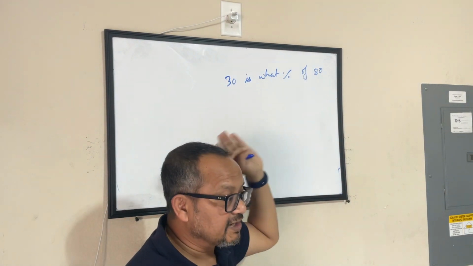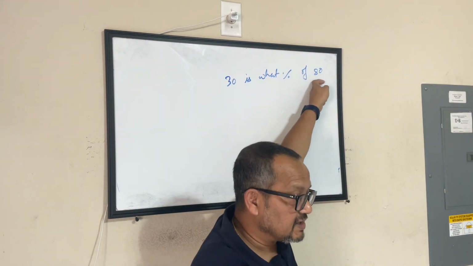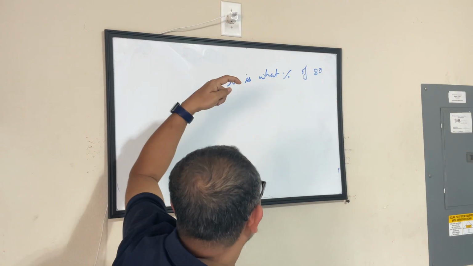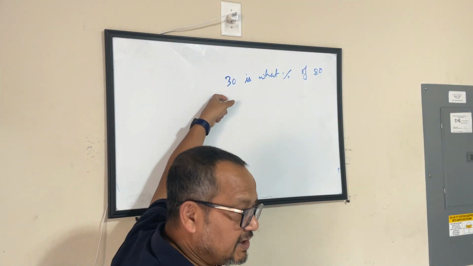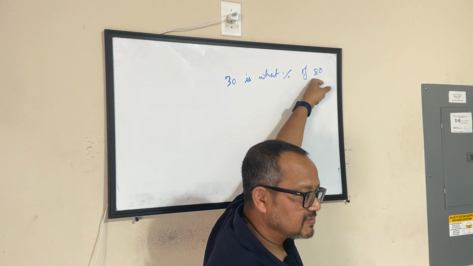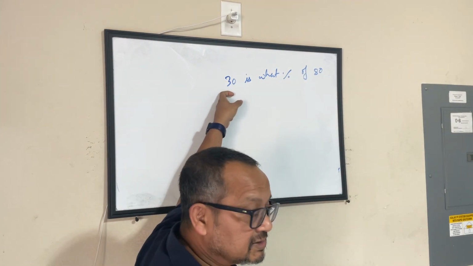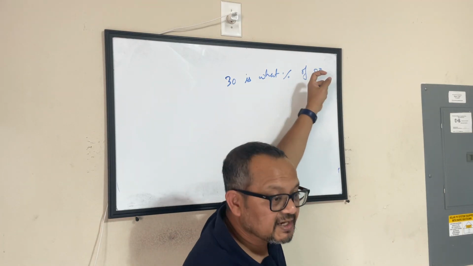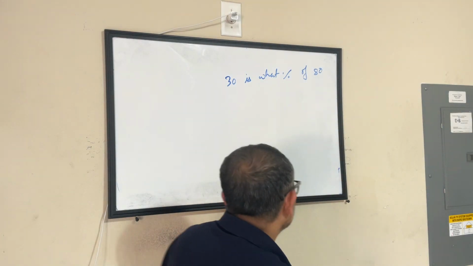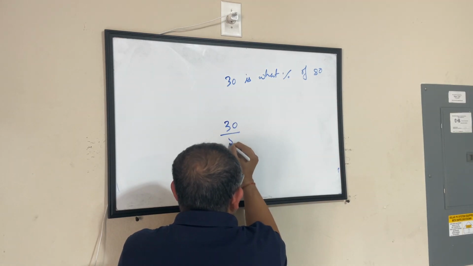So 30 is what percentage of 80? Think about it like a ratio thing. You are comparing 30 with the base 80. You are trying to find out what is the existence of 30 when you are comparing it with 80. It's like a ratio scenario. This is your number that is in contention, and this is the base against which you are trying to evaluate a number. So think of this as a ratio, 30 by 80.